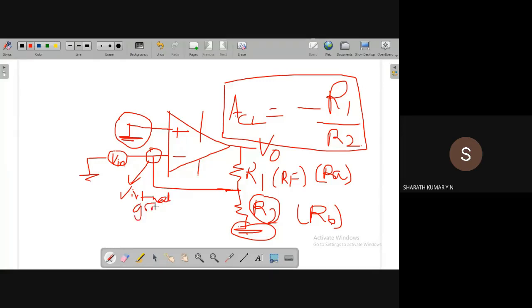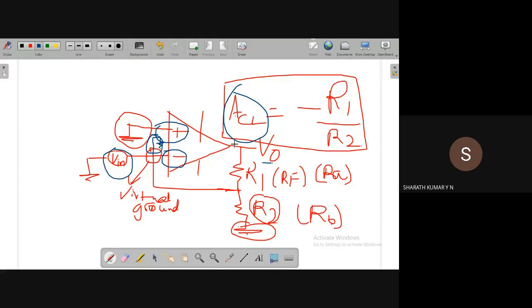In the sense that the op amp tries to drive this terminal to zero, thereby maintaining both terminals, the non-inverting input terminal as well as the inverting input terminal, at ground potential. Then what happens when the input is applied? As the input changes, of course the output changes depending on the gain of the operational amplifier.